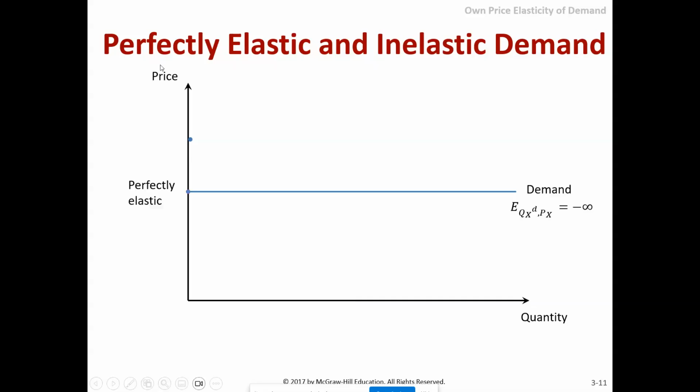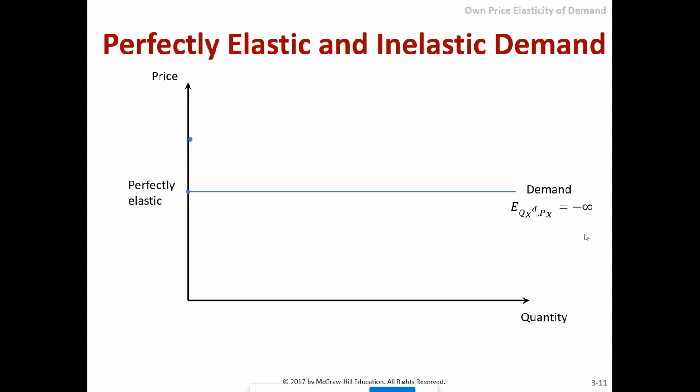The second extreme situation is called perfectly elastic. For this type of demand, the elasticity coefficient approaches negative infinity. And there rarely is any perfectly elastic situation. One example would be the agriculture market, or more like the international trade commodity market, like standardized beans, soybeans, standardized cotton.